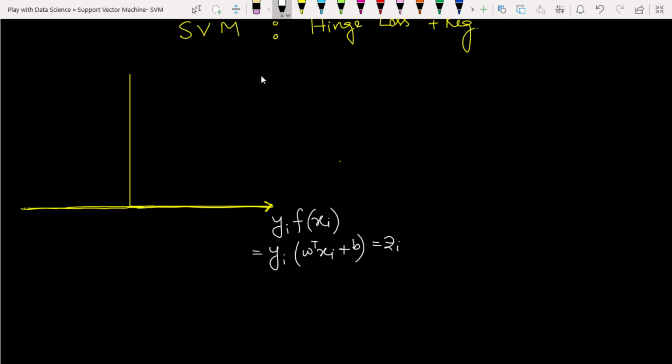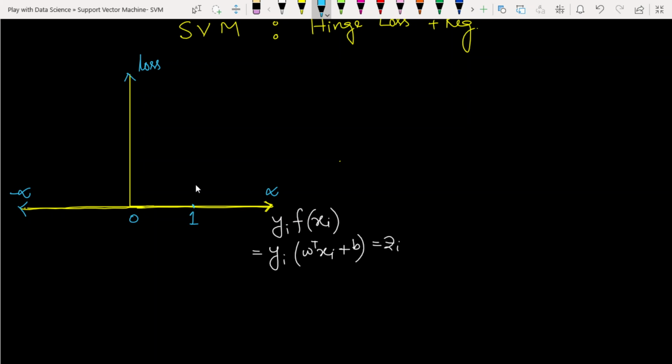This point is our 0 point, and this is our 1 point. This is the positive direction, and this is the negative direction. This independent axis is our loss axis.